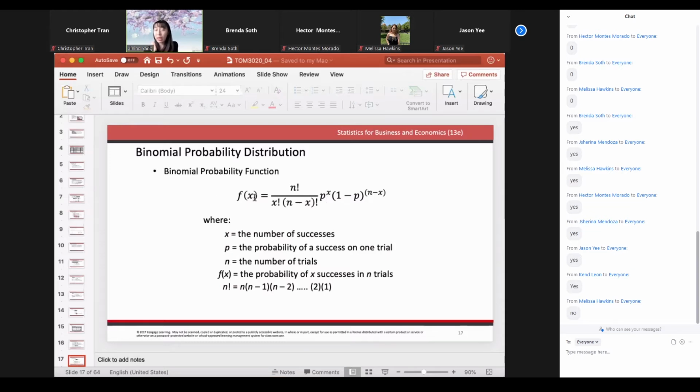And again, later in the semester, you will see a lot of problems talking about proportion. All the proportions are talking about the success in a binary event, right? The proportion of students living on campus.